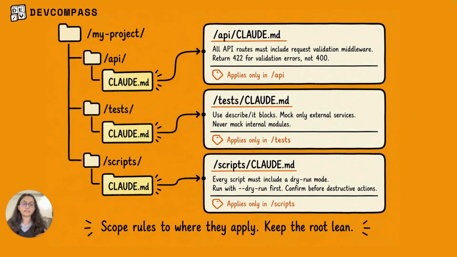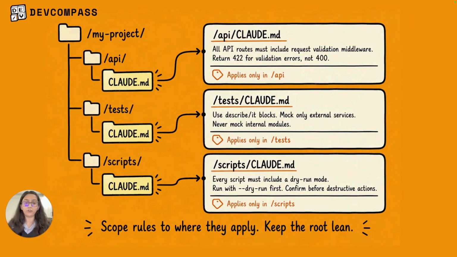Every script must include a dry run mode: run with --dry-run first, confirm before destructive actions. So it only applies in /scripts. These are the operational scripts that might touch the database, so it is super critical here but irrelevant in the front end. So scope rules to where they apply, keep the root super lean.